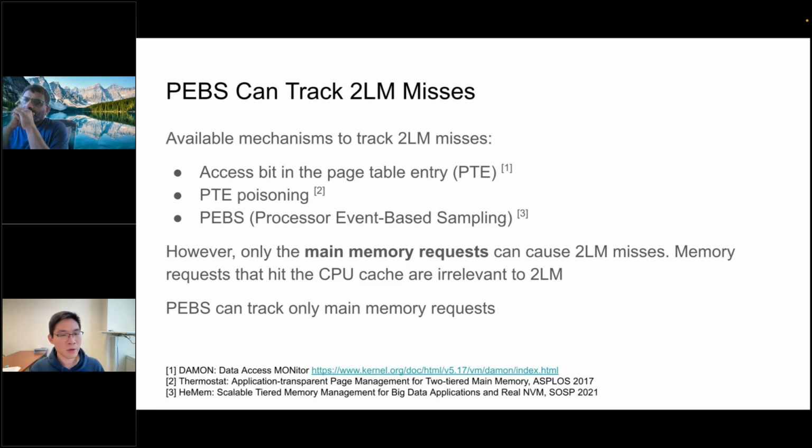However, if you look at 2LM or in general any tiered memory system, we actually just care about the main memory requests. The memory requests that are handled by the CPU cache are less relevant. And among these three options, only PEBS can track only the main memory requests.